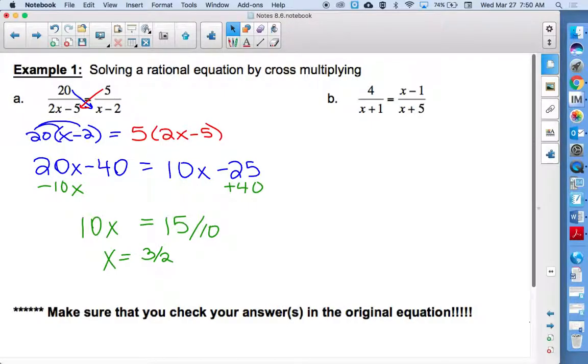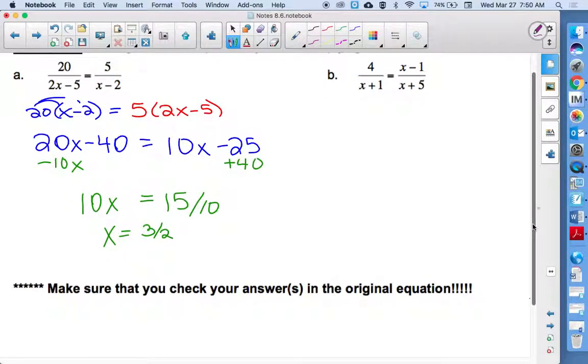So we're going to check this to make sure that it works back into the original equation. Little check step here. You need to pull out that calculator to help. But we're taking 3 halves and plugging it in for each x. So 2 times 3 halves minus 5. On the other side, we have 3 halves minus 2.